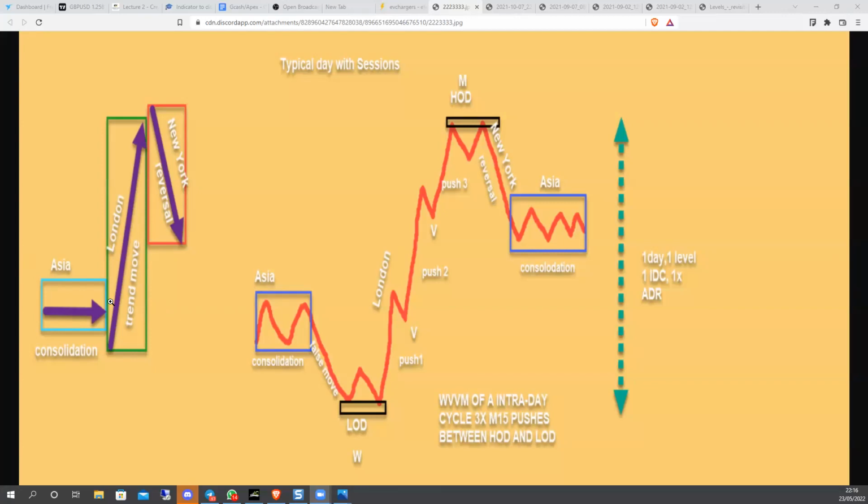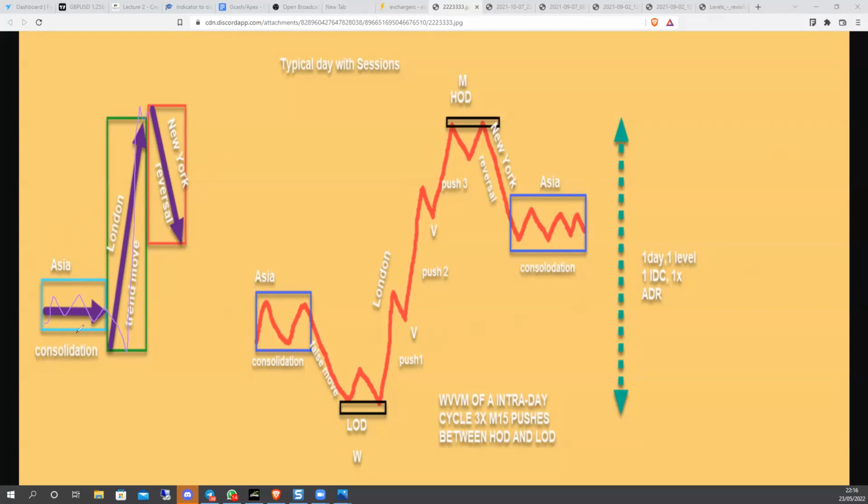So this is another one of my flashcards that I did some time ago. As you can see here, let me just get my annotator. During Asia, price ranges, and then we have a move, a stop hunt out of Asia into London, and then we have what I called the trend move back then.